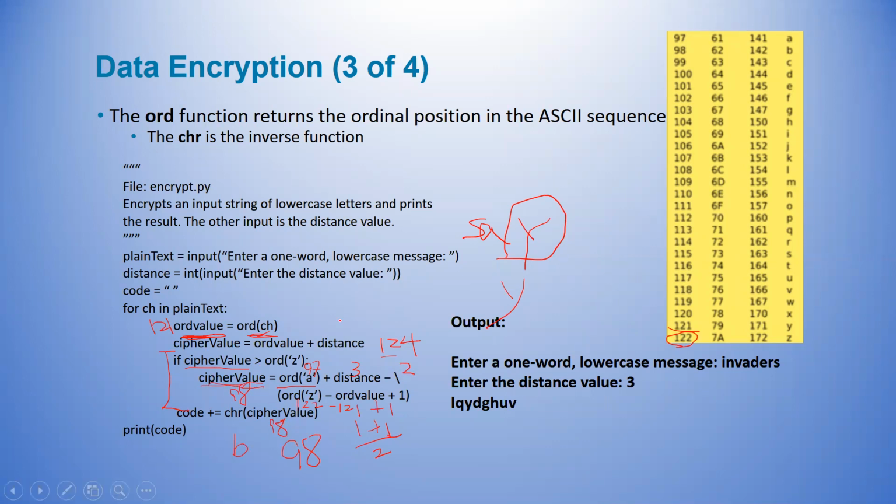So if you think about it, right? Y, 1, 2, 3. Z is 1, and A, 123, 121, 122, 98, 97, 98. You come back to B. Right? That's how this works. As I said, you already have this formula.